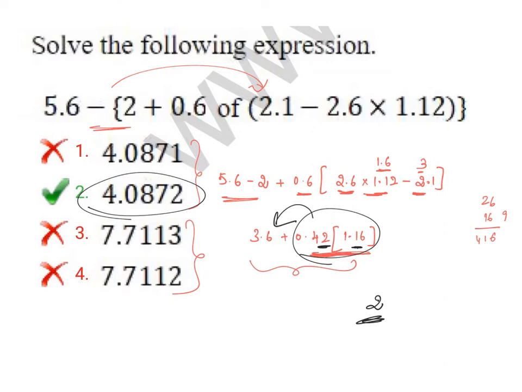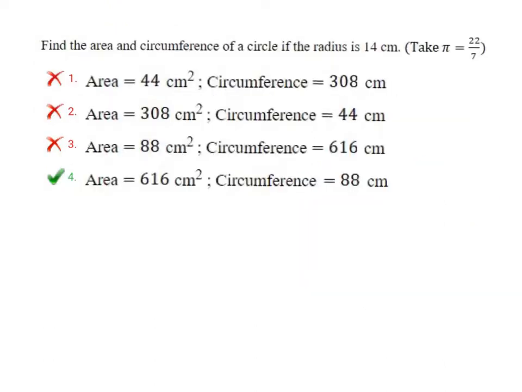The next question. Find the area and the circumference of a circle with the radius 14. As we know, if the radius is 7, the area is 154 and the circumference is 44.